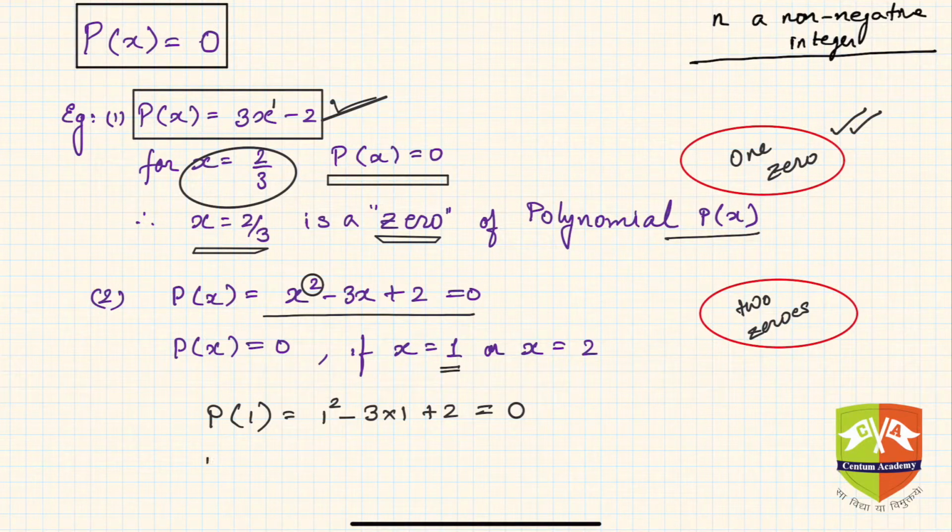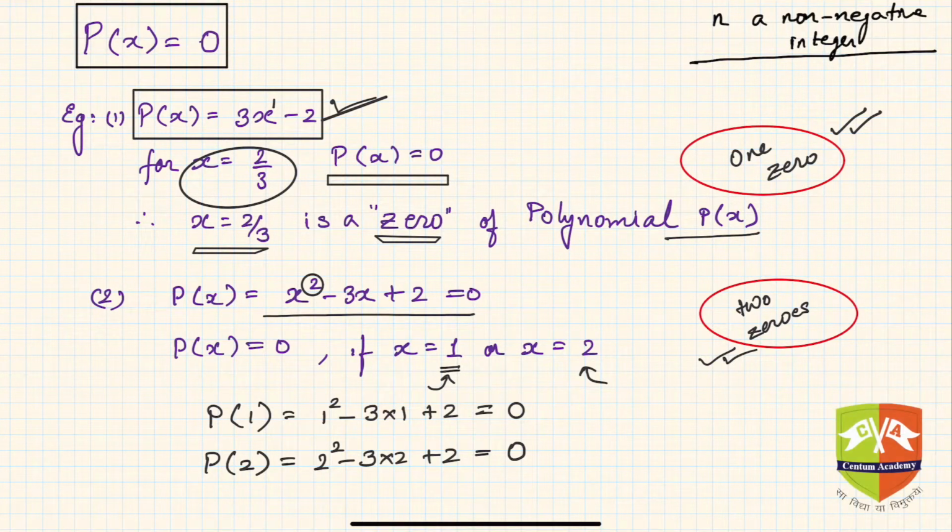Similarly, if I put x equals 2, I get 2 square minus 3 times 2 plus 2, which is again 0. So we see that if you put x equals 1 or x equals 2, in both cases the quadratic polynomial x square minus 3x plus 2 reduces to 0. Hence we say there are two zeros of this polynomial.